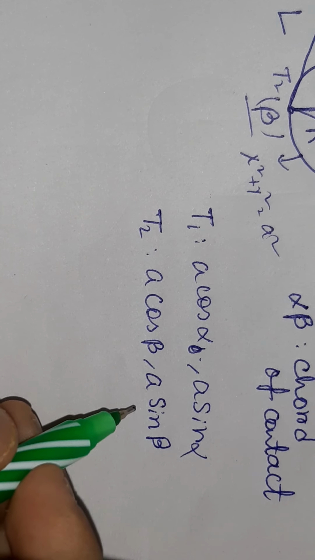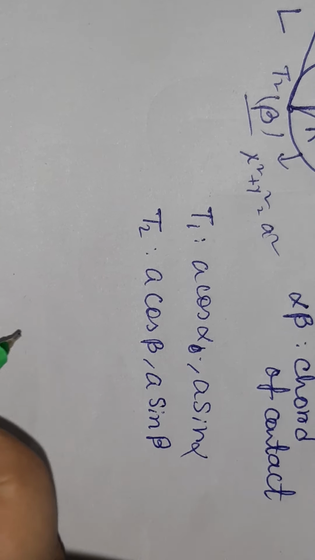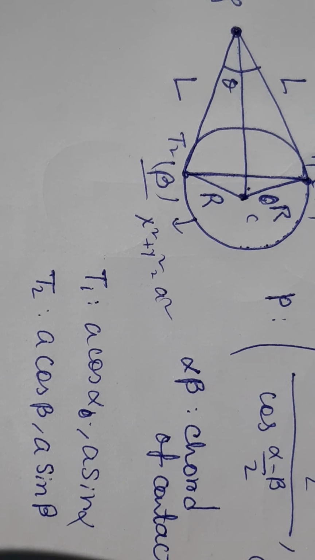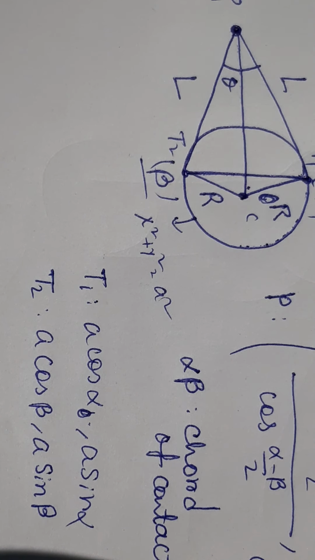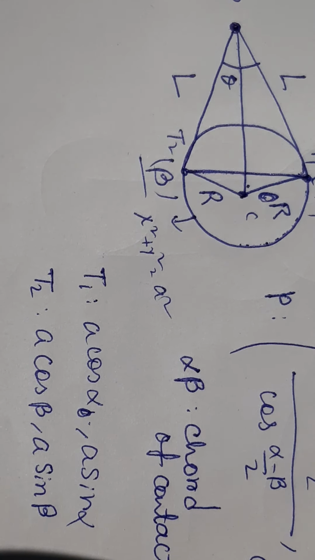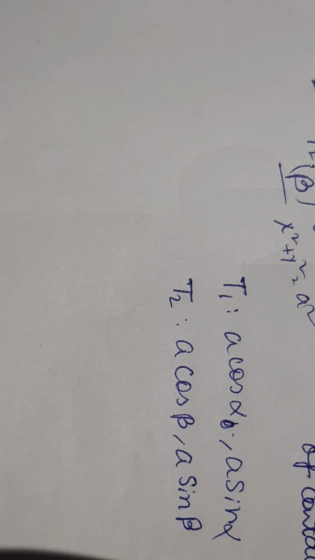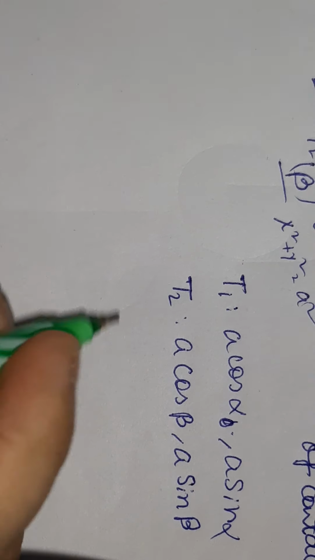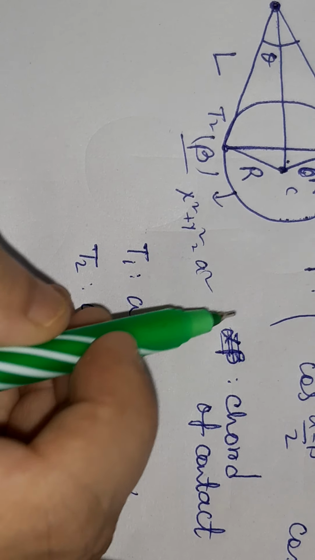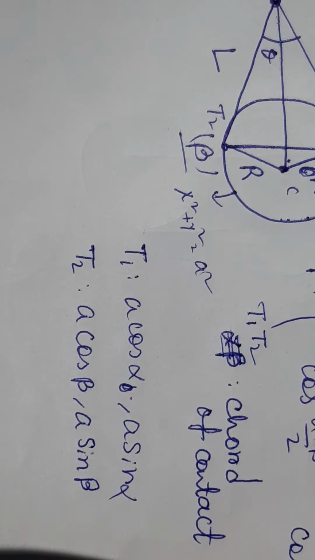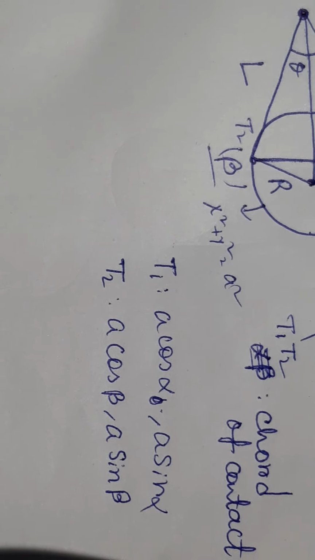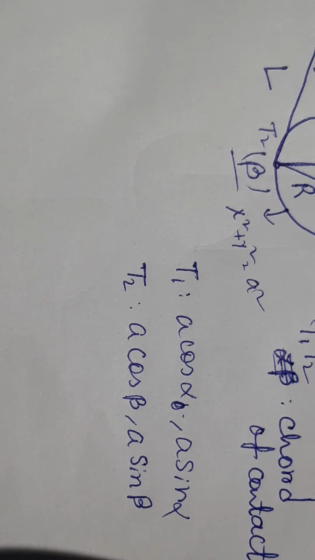Now I will discuss more about the equation of this chord of contact, its length, and the area formed by it. So if T1 T2 is the chord of contact, what will be the equation of the chord of contact, that is, the straight line?